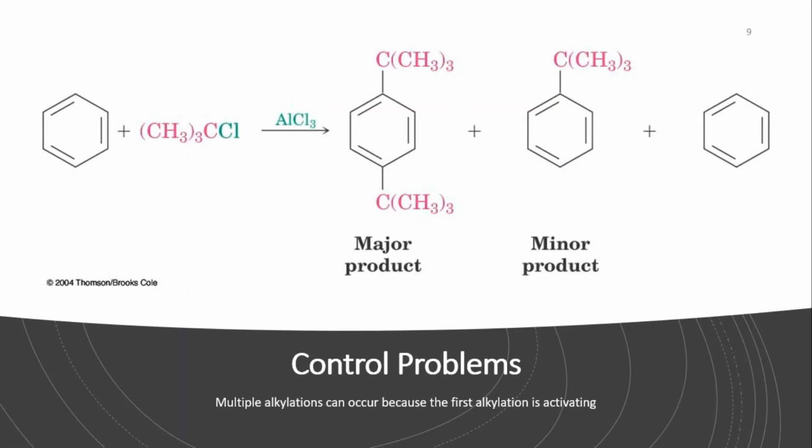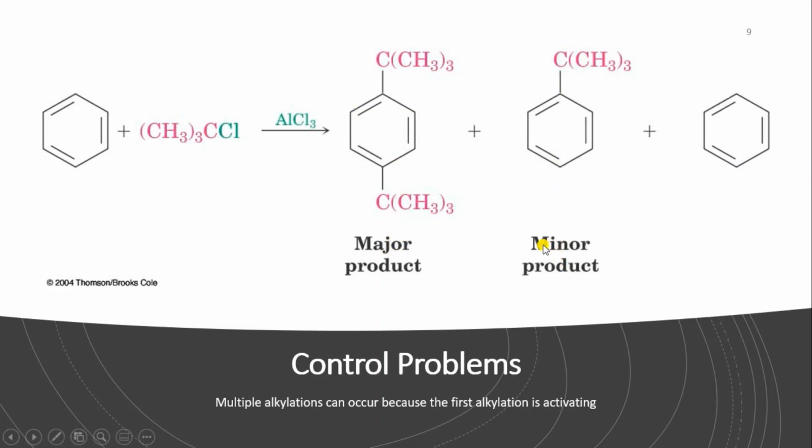And then the same thing can happen again, because one time this tertiary alkyl group is attached to the benzene ring. You already know that this is an ortho and para director, so the coming electrophile will definitely be pushed towards the para position. Under that condition we will have two products. One would be the single substituted product, I mean a single alkyl group substituted at the benzene ring.